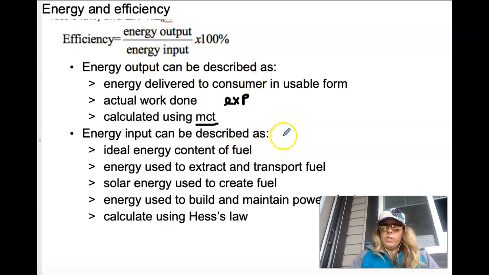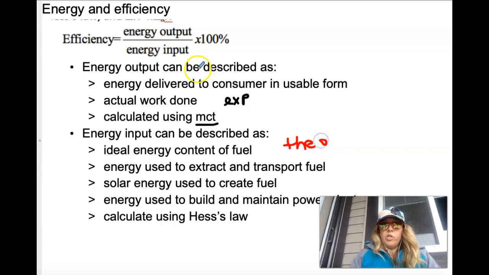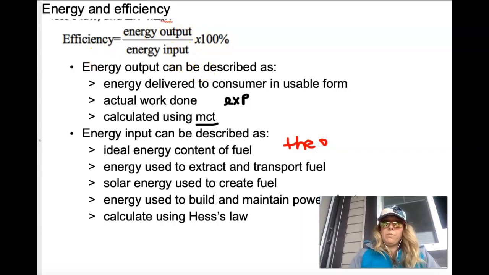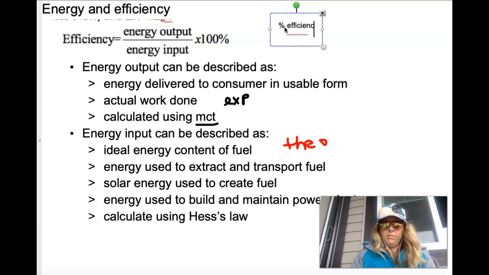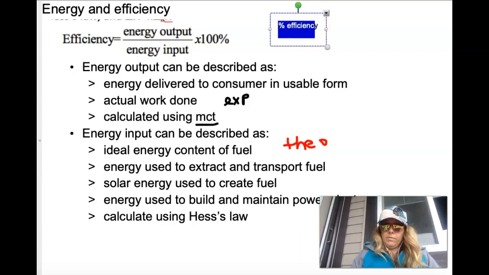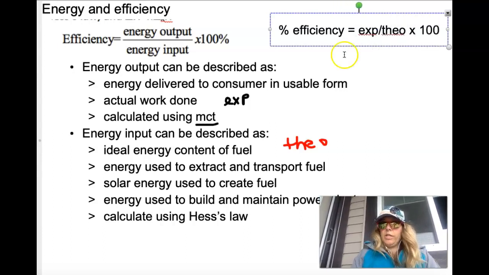Your energy input is basically theoretically how much energy is inside of there that could have gone to doing what I wanted. So even though the equation is technically written as output over input times 100, it's also more or less saying that percent efficiency is equal to experimental over theoretical times 100, which when you think about it, is basically what percent yield is.